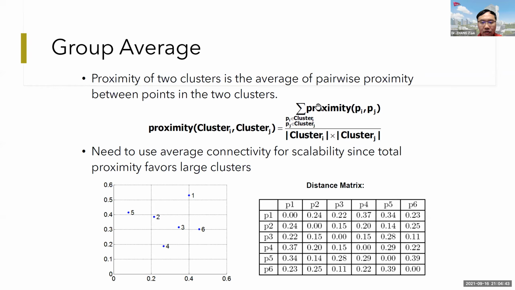So you do a summation, then you divide to get the average. So the proximity of two clusters is the average of pairwise proximity between points in the two clusters. So hierarchical clustering with group average needs to use average connectivity for scalability, since total proximity favors large clusters.